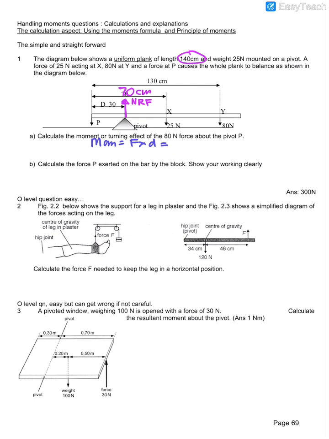So what's the force? 80. Then what's the distance? 80 to the pivot, 100, right? Good. 8,000 is the answer. What's your unit?